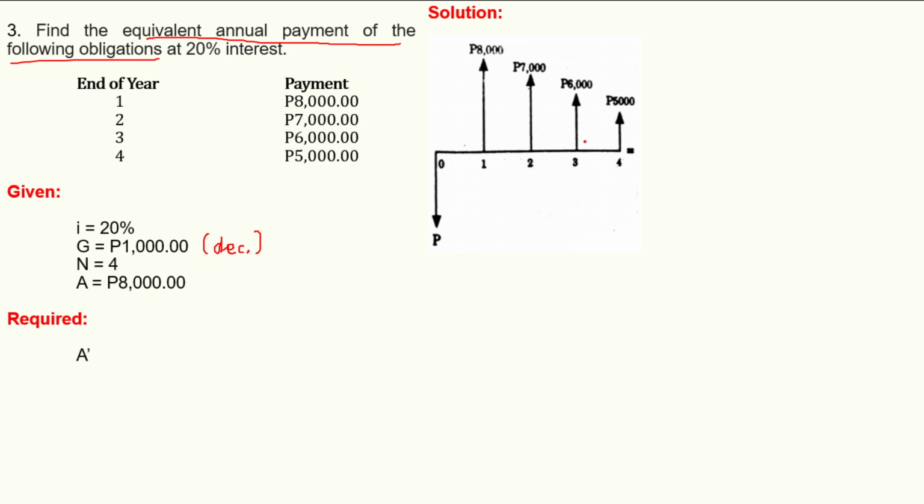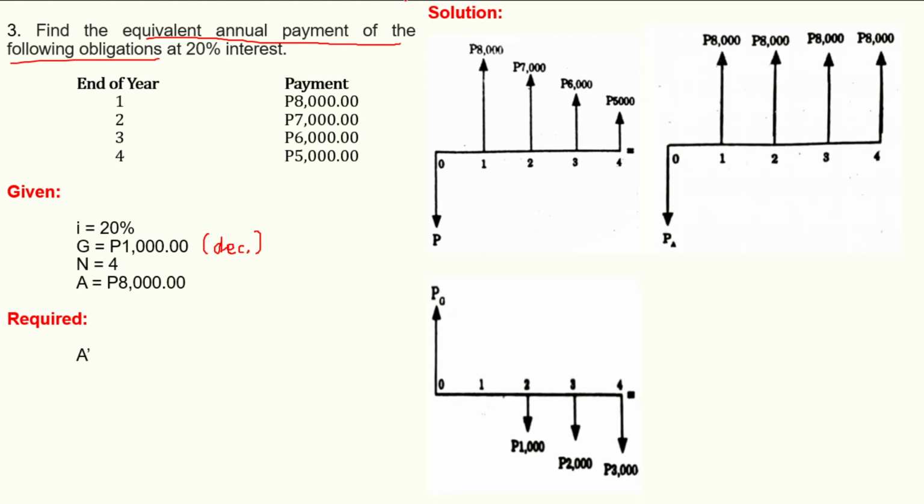So, hatiin natin siya into two components. Una, tigi 8,000, kasi dito tayo bumase sa first payment.